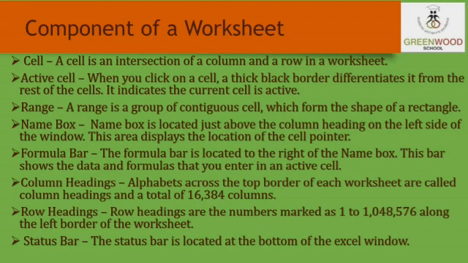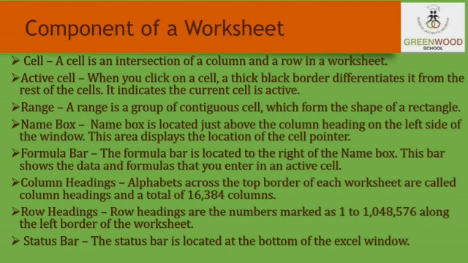Name box. Name box is located just below the column heading on the left side of the window. This area displays the location of the cell pointer. Formula bar. The formula bar is located to the right of the name box. This bar shows the data and formulas that you enter in an active cell. Column headings. Alphabets across the top border of each worksheet are called column headings.